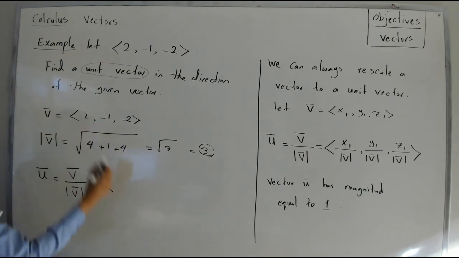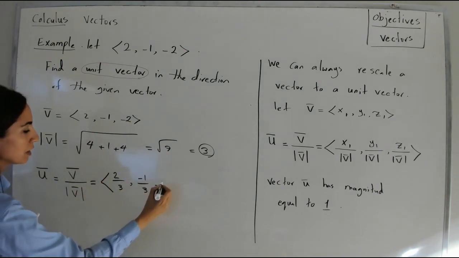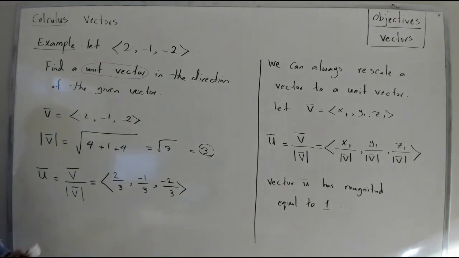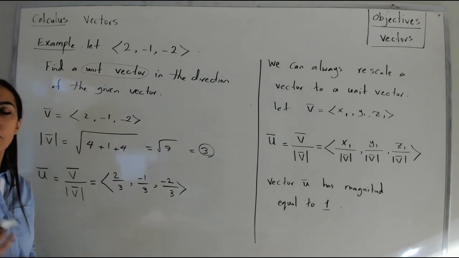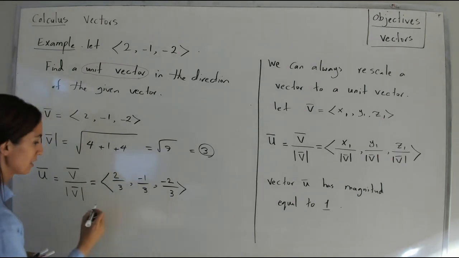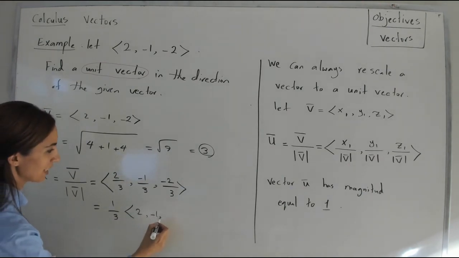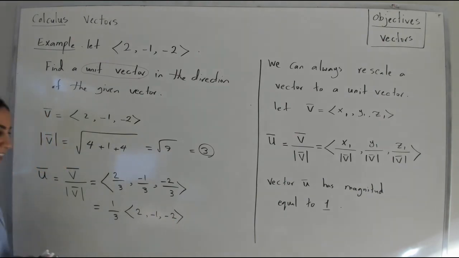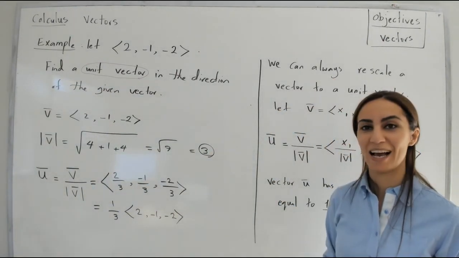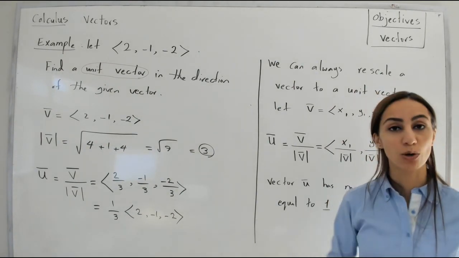So here we have 2 over 3, negative 1 over 3, and negative 2 divided by 3. So in a sense, we are doing a scalar multiplication. What is that scalar? That scalar is a third, times 2, negative 1, and negative 2. Indeed, this vector has magnitude, length, or size equal to 1.